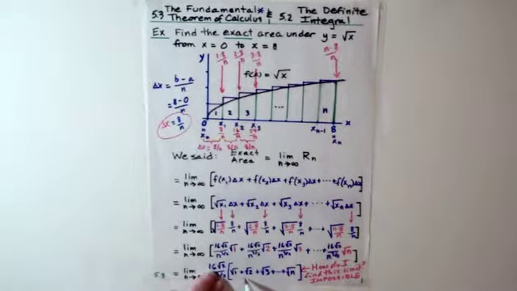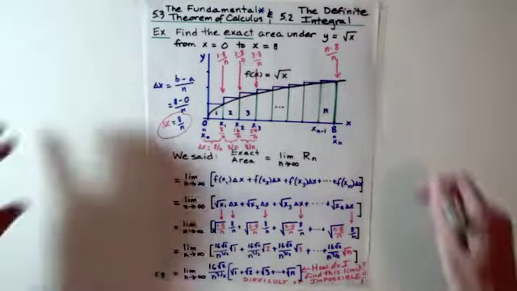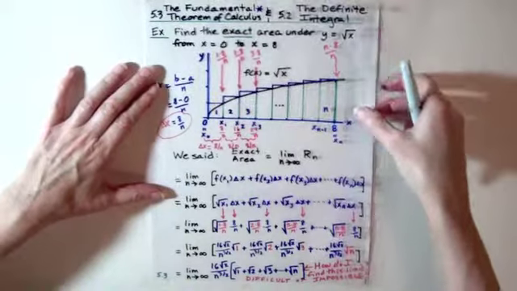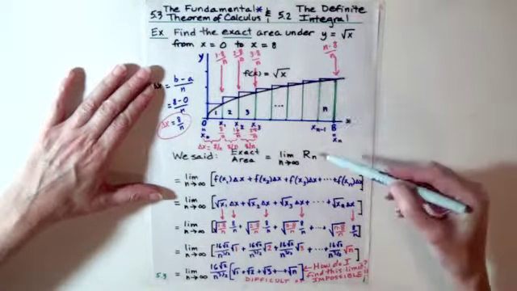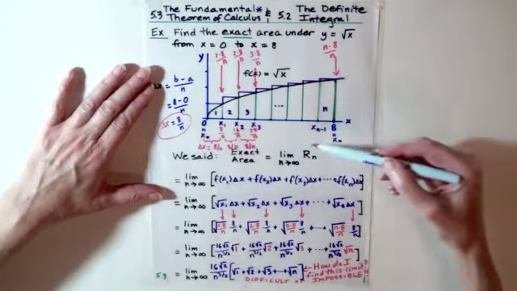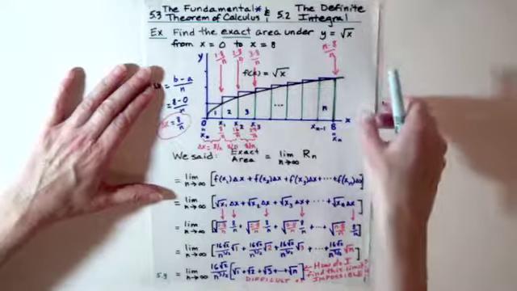So I'm going to say difficult or impossible to do. We really can't do it the way we normally do things. So the question becomes, how am I ever going to find the exact area under this curve? I can't seem to figure out what the limit as n goes to infinity of my right hand approximating rectangles R sub n is.